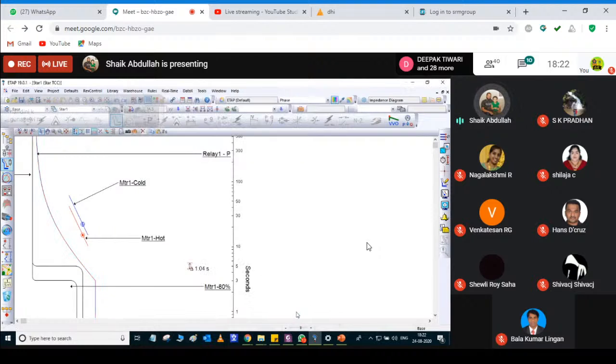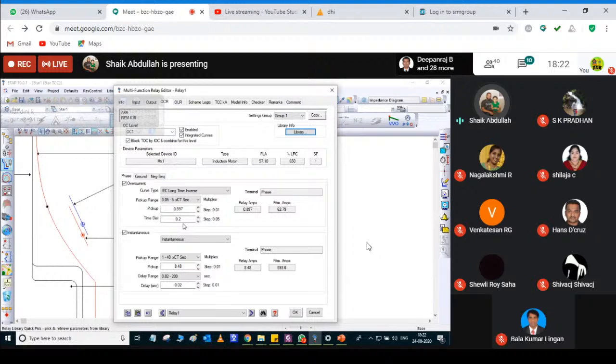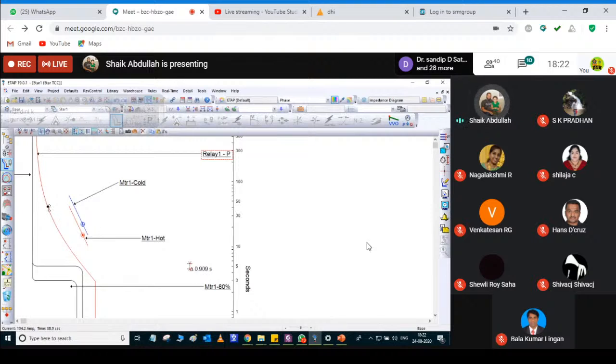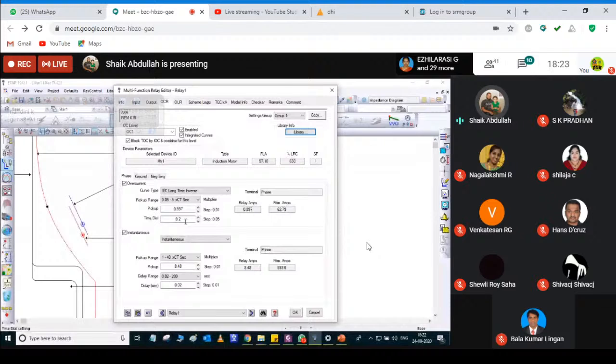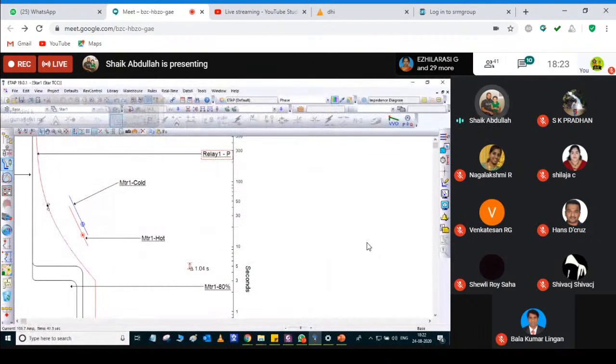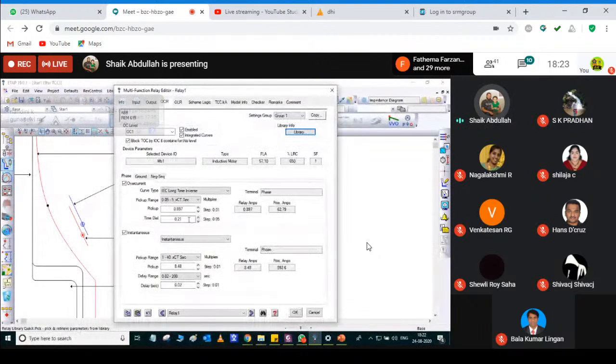For 2, it's not matching, so I can increase to 205. 205 is 0.9. 209, this is 210. Okay, 210 I can give. Minimum 1 second I am supposed to maintain here.